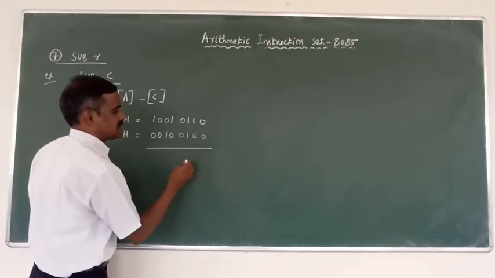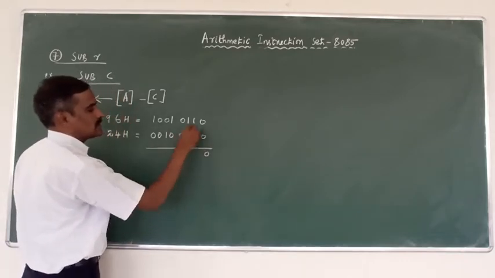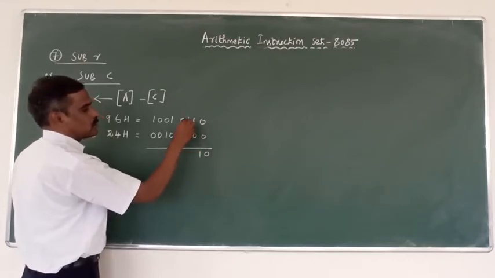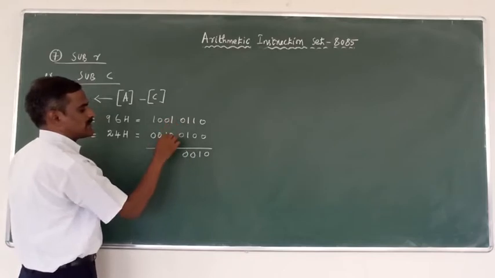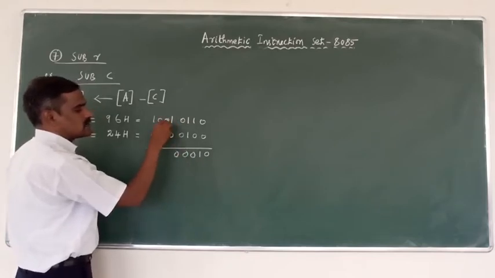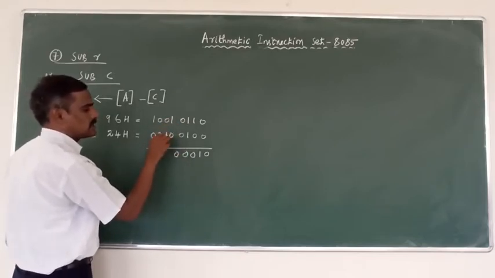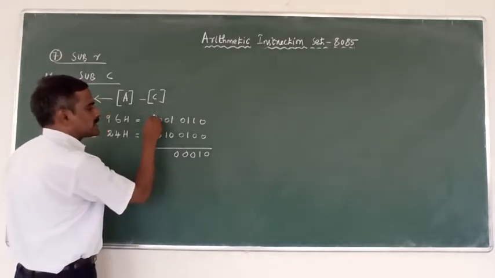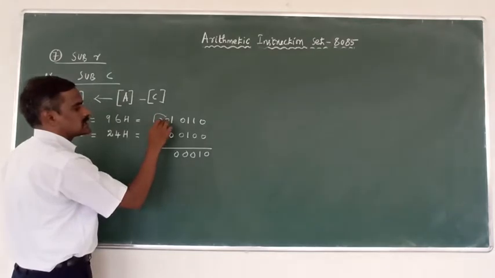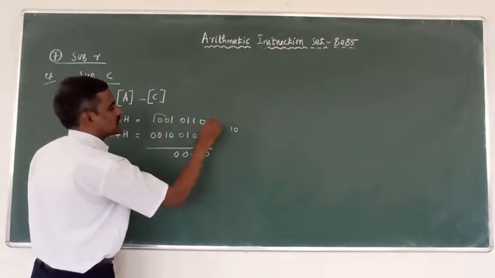Now to subtract these two: 0 minus 0 is 0, 1 minus 0 is 1, 1 minus 1 is 0, 0 minus 0 is 0, 1 minus 0 is 1, and 0 minus 1 we cannot subtract, so we get the borrow from here.